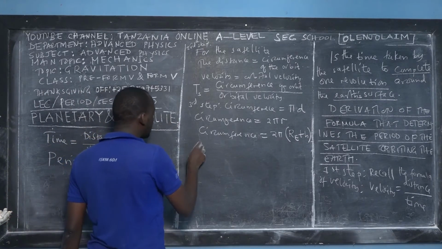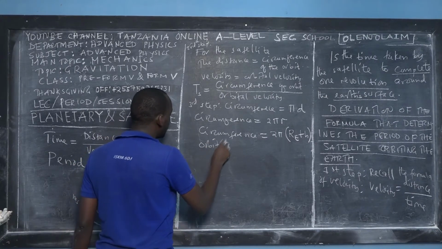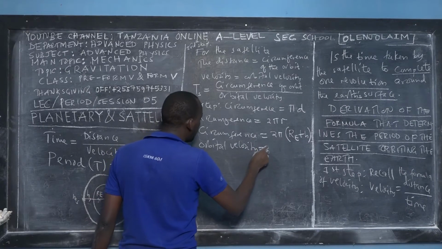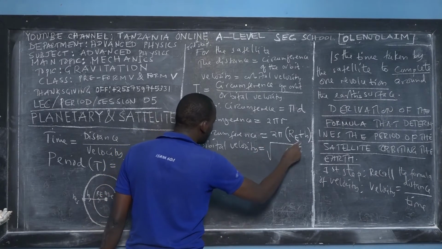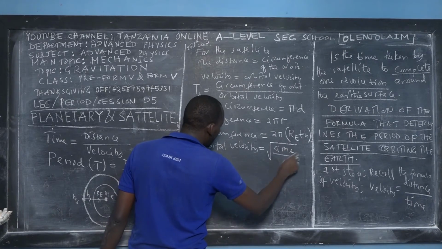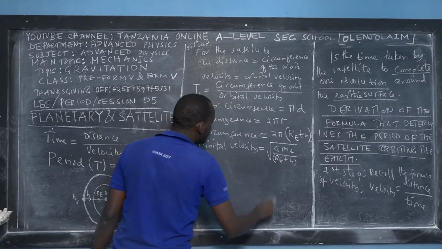And then the orbital velocity, I have already told you, we have two forms of the formula. Orbital velocity is equal to the square root of the gravitational constant, mass of the Earth, over the radius of the Earth plus the height.